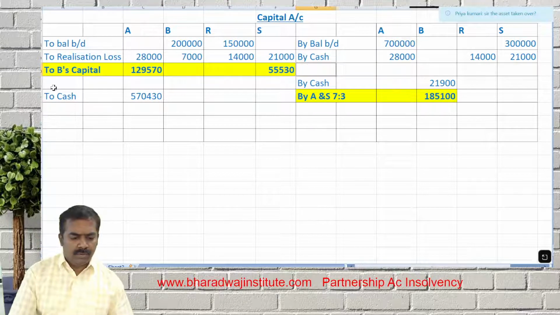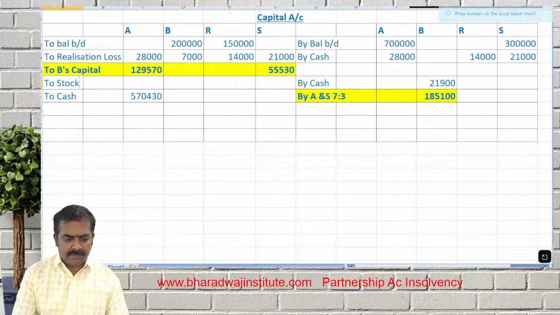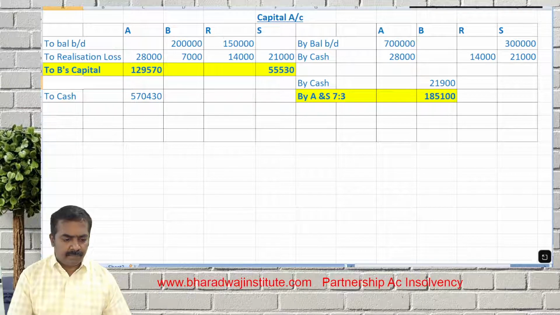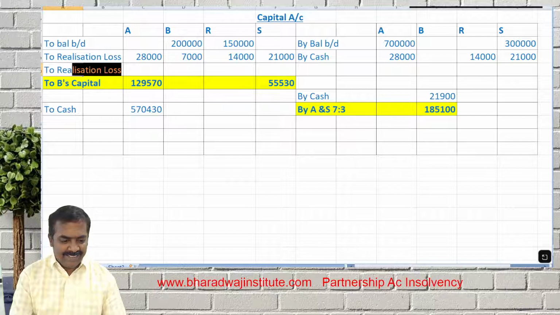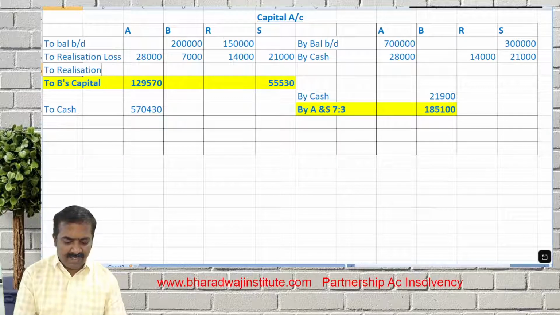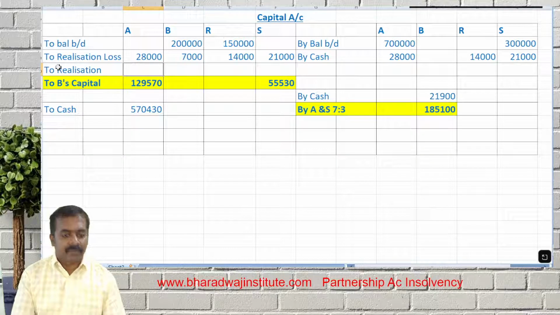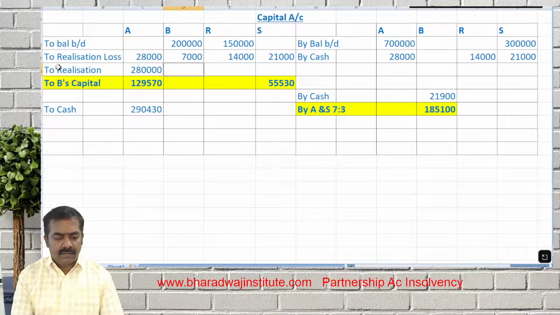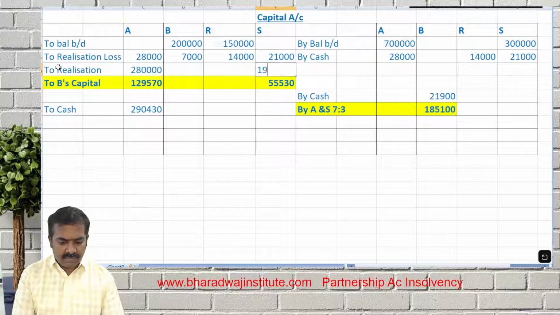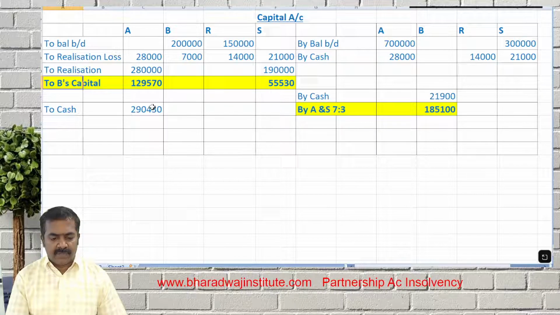Oh, to stock and debtors. That is realization items. To realization items, that is stock and debtors. How much was taken over? 2 lakh? A then? That will not be considered for adjusted capital.